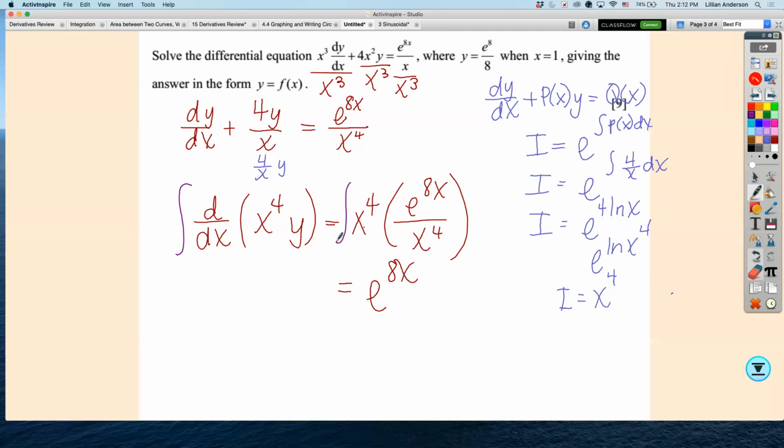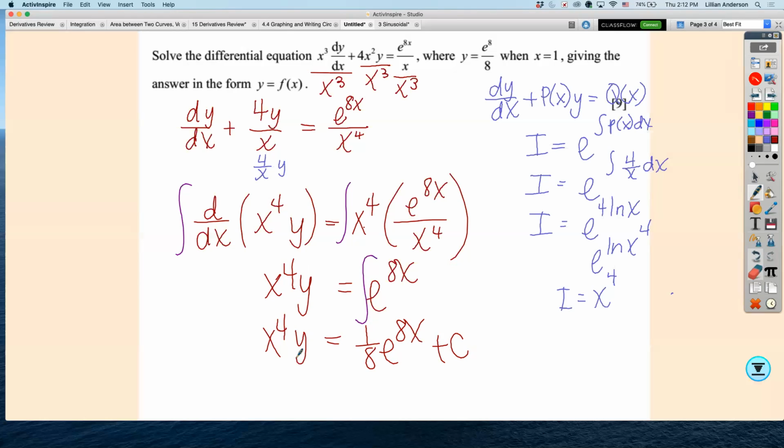If I integrate it back here, then I'm just integrating this, that goes away, and you're just left with this. And so what's the integral of e to the 8x? 1/8 e to the 8x plus c.